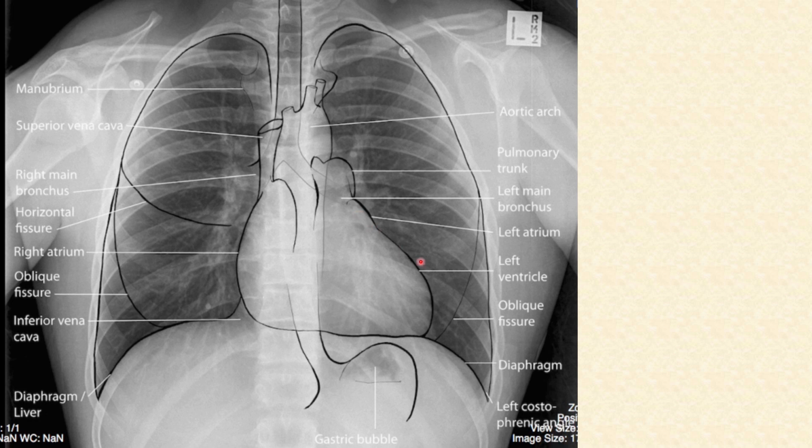The left atrial border, the left ventricle, the diaphragm being here, and then we have the right atrium at this level, and then we have the superior vena cava showing the shadow here. We also see the aortic arch, the shadow here, and the pulmonary trunk.